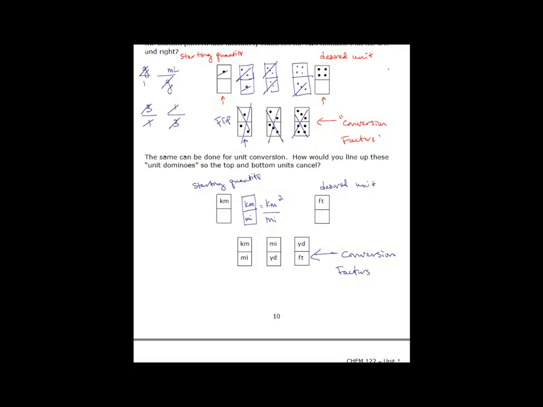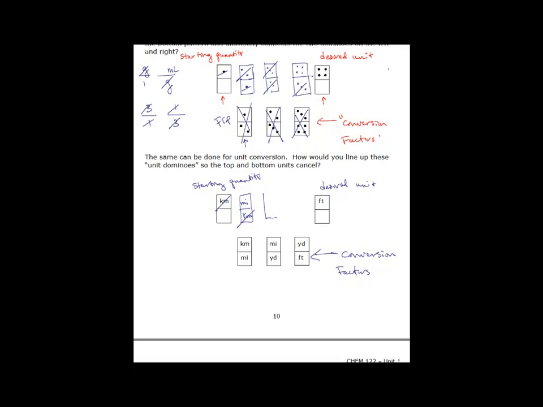I've got to get the kilometers to cancel out. So instead of having the domino oriented like this, I'm going to flip it. So I'll put kilometers here and miles up here. So that cancels. So now we're in miles. We're not quite to feet yet, but if you look down, we still have conversion factors that involve miles.